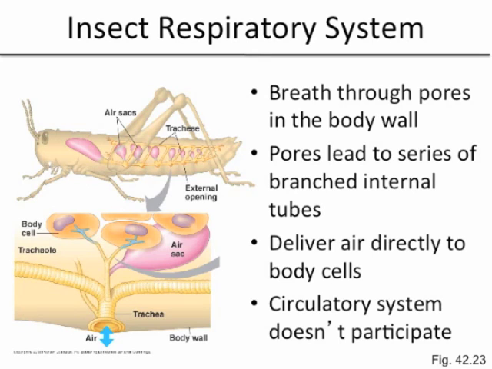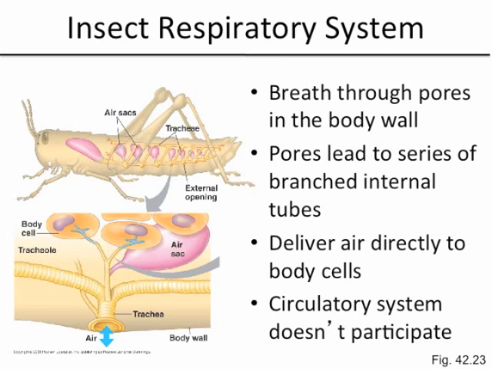This makes them different than humans, which we'll talk about eventually: we bring in air and have a specialized system for bringing oxygen to our circulatory system, which then moves that oxygen around our cells. Things like a grasshopper have just a series of tubes which directly deliver air to the body cells.